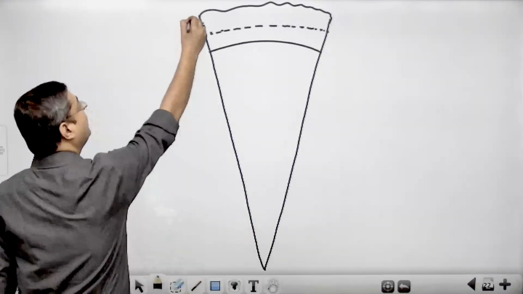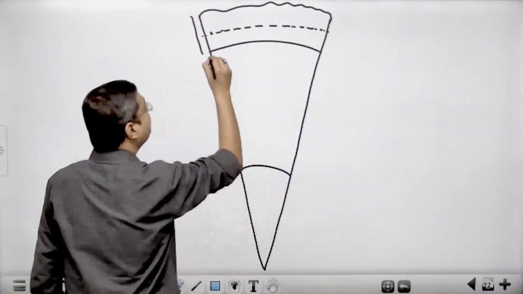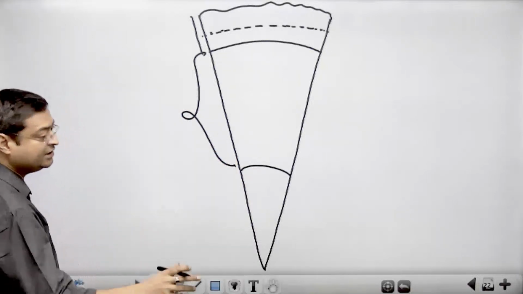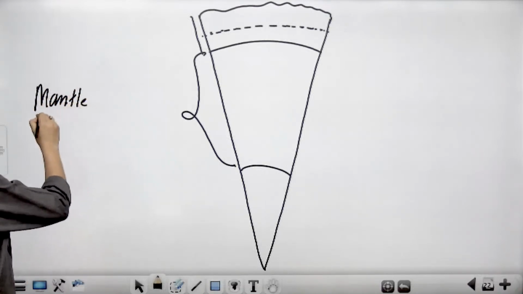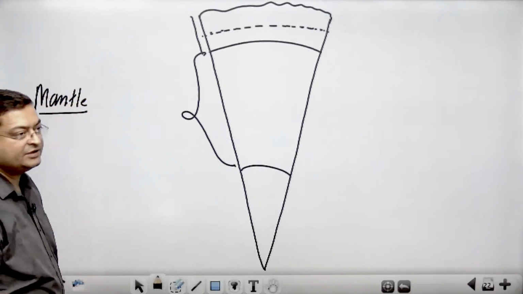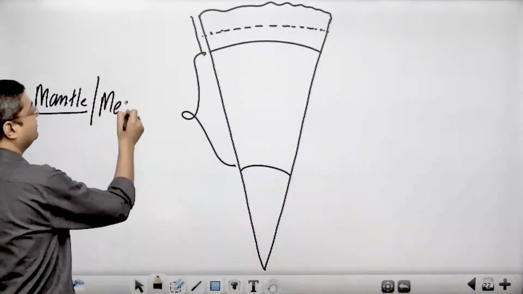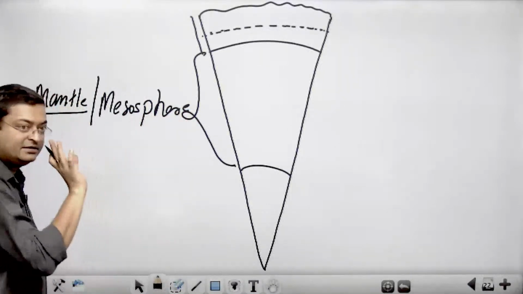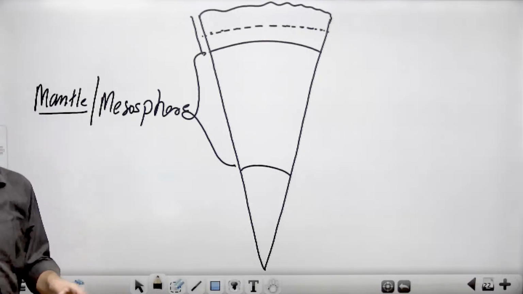Now, as we move beyond this layer, the major portion of the interior of the earth is your mantle. The mantle is also known as mesosphere. There is a mesosphere in the atmosphere too, but what is the meaning of meso? Middle. That's it, it is mesosphere.